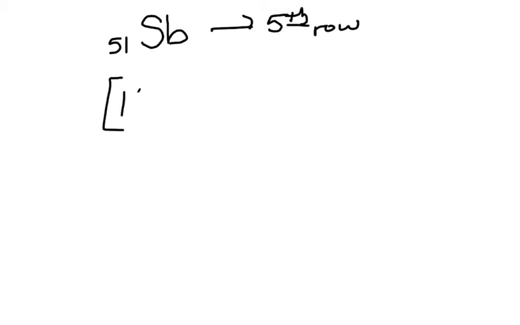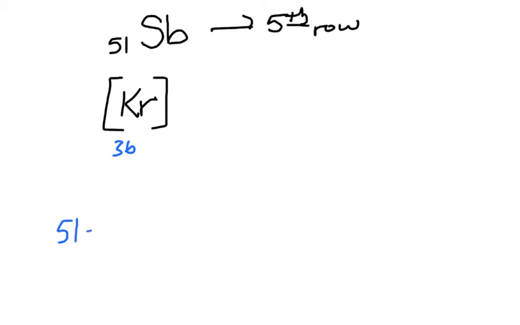Let's try antimony. Antimony is Sb. Sb has 51 electrons. Sb is in the 5th row. So when I look at my periodic table, I'm going to find the last element, the noble gas, in the 4th row. That happens to be krypton. Krypton has an atomic number of 36.